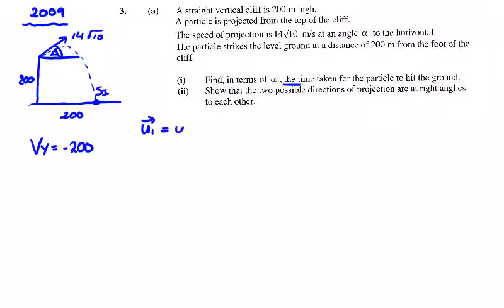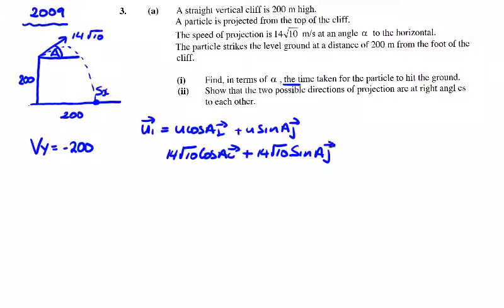It's going to be u cos a in the i direction plus u sine a in the j direction, which is 14 root 10 cos a in the i direction plus 14 root 10 sine a in the j direction.